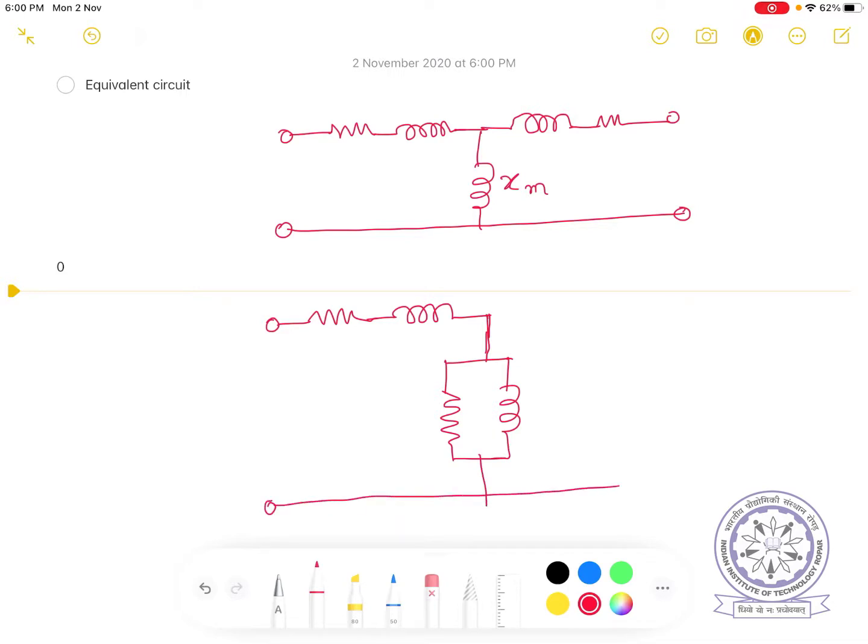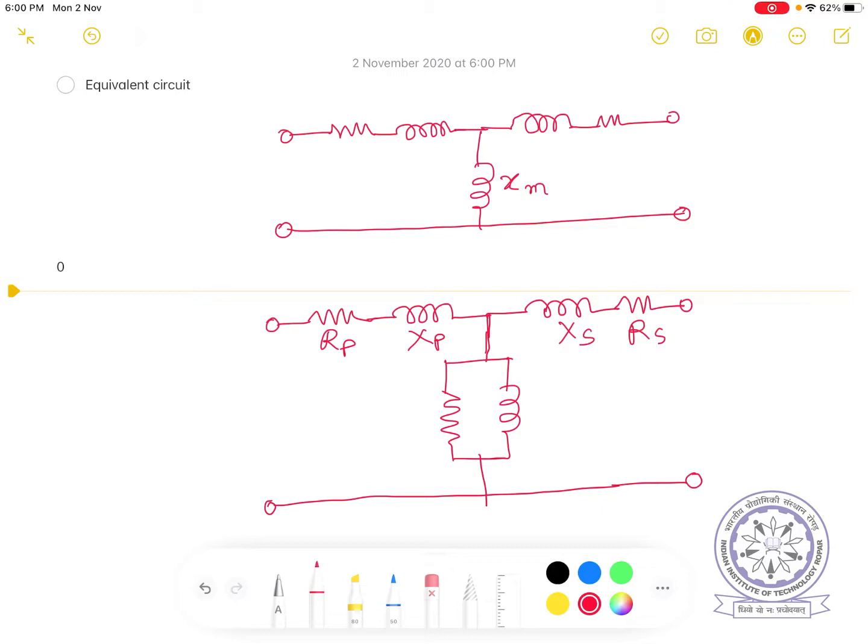This is how the transformer equivalent circuit referred to one of the windings will look. Assuming that all quantities are referred quantities, let us label them. This is Rp, Xp. These are referred values to one of the windings, either primary side or secondary side. This is Xs and Rs. You already know that these are winding resistances representing the copper losses.